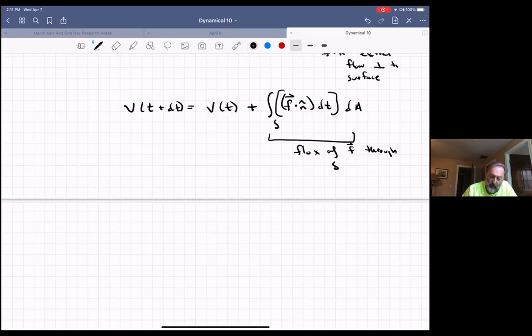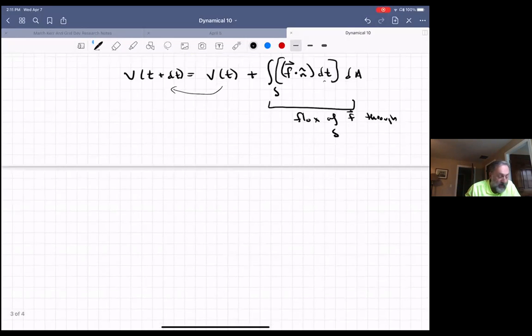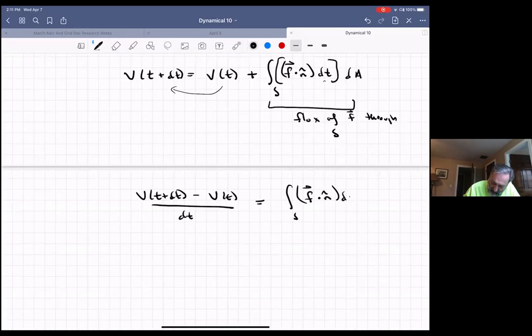So if I move this business over here and I move the dt over, I would have that V at t plus dt minus V at t all over dt is the integral over the surface of F dot n hat dA. So that's my flux.